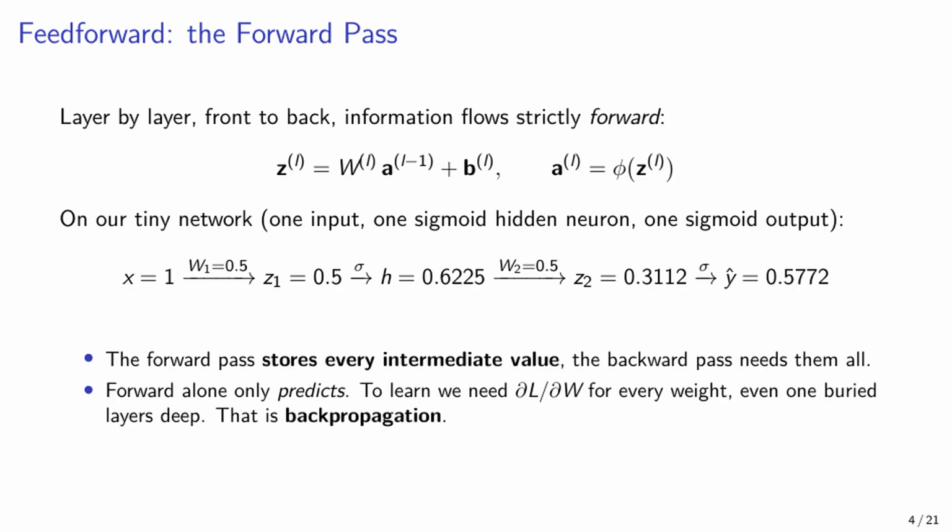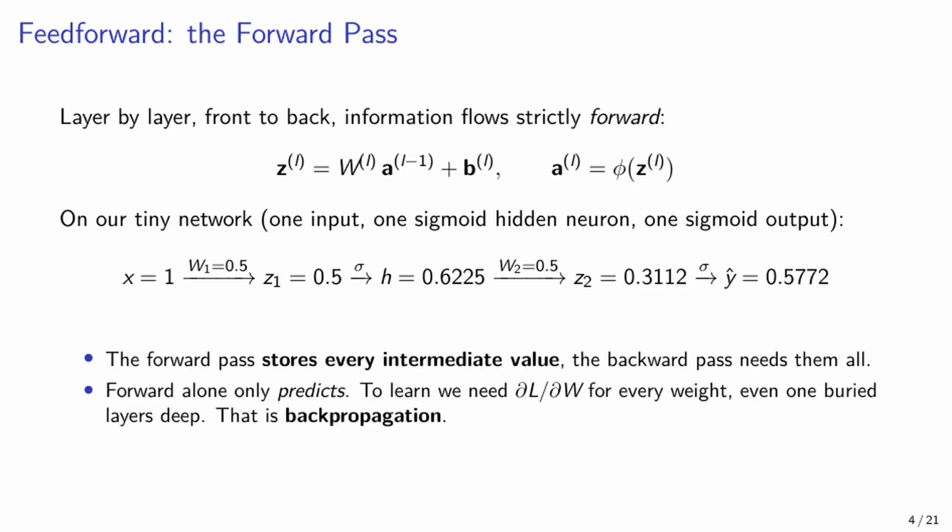The input 1 becomes Z1 of 0.5. The sigmoid turns that into a hidden value of 0.6225. The second weight turns that into Z2 of 0.3112, and the final sigmoid gives a prediction of 0.5772. 2 things to hold on to.